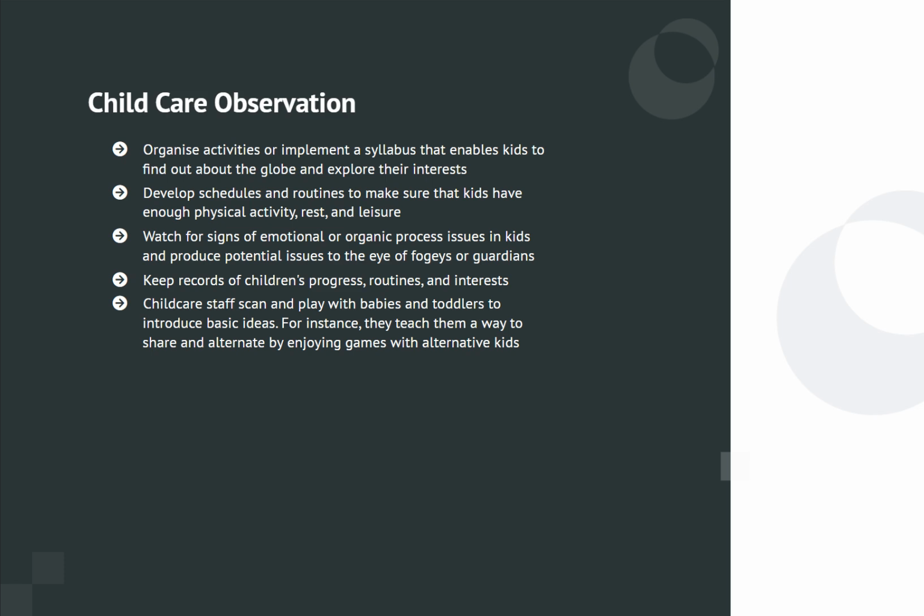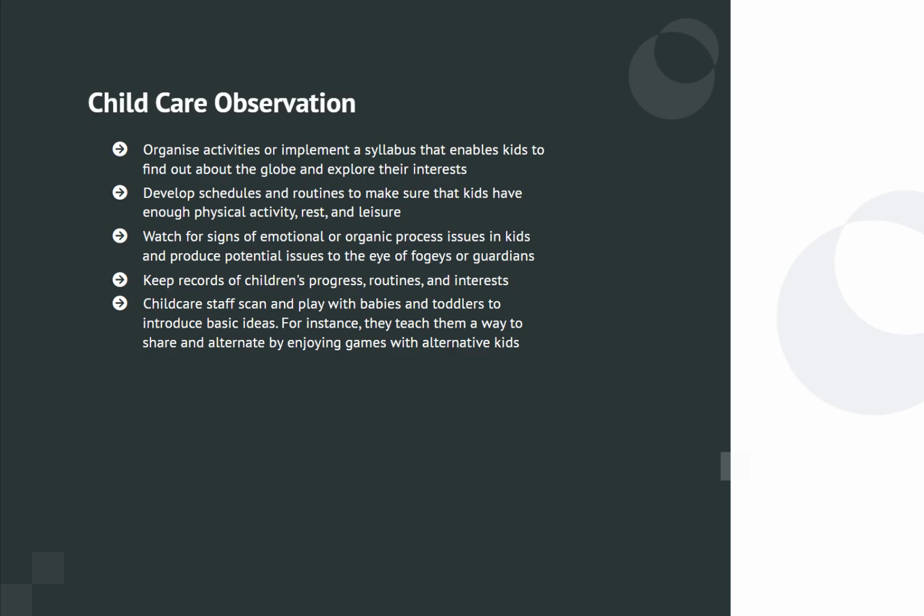Develop schedules and routines to make sure that kids have enough physical activity, rest, and leisure. Watch for signs of emotional or developmental issues in kids and bring potential issues to the attention of parents or guardians. Keep records of children's progress, routines, and interests.